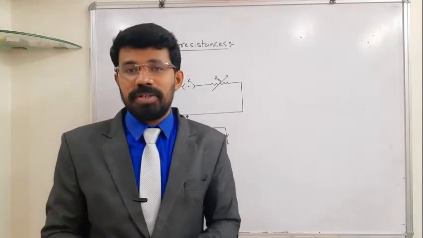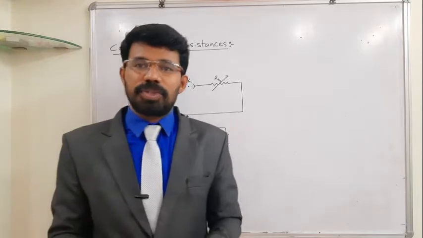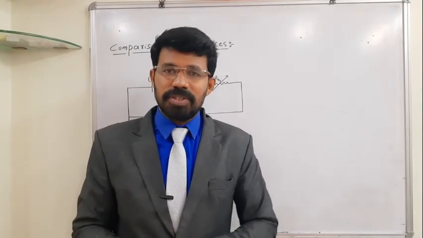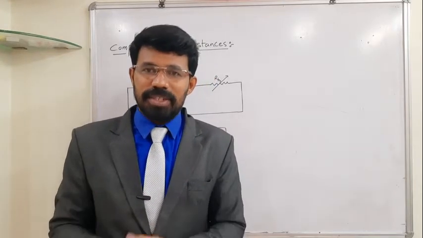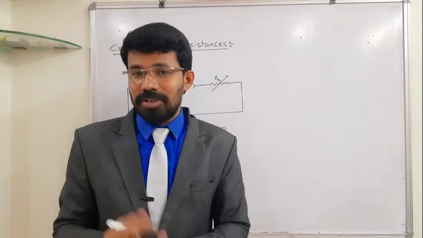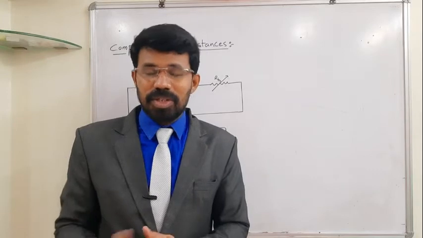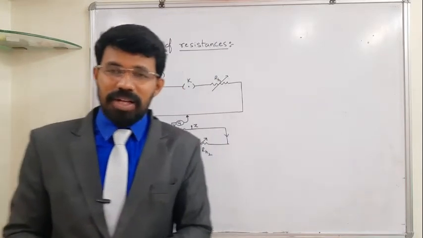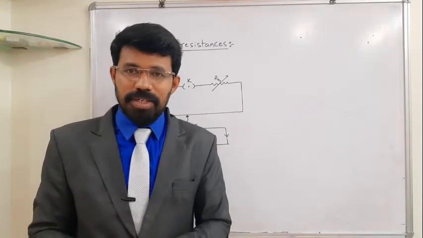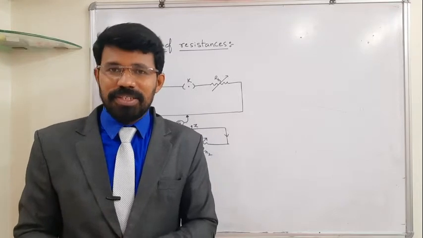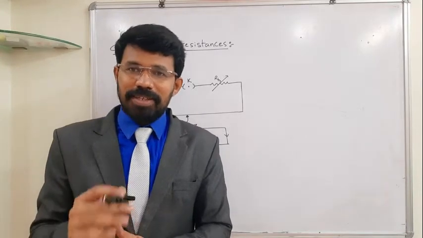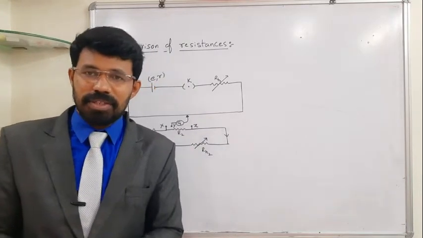Instead of a potentiometer, we usually use a voltmeter to measure potential differences across circuit elements. But a voltmeter is not a self-driven body. It draws current from the circuit, so whatever reading it shows will have some error in it. So the potentiometer can be used to find the accurate value of potential difference across any circuit element.